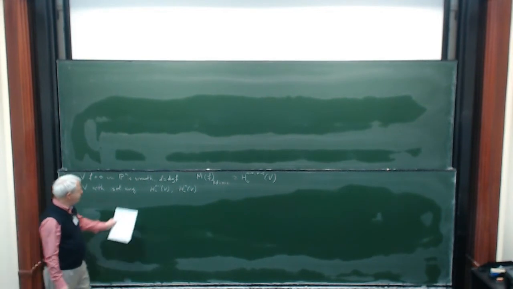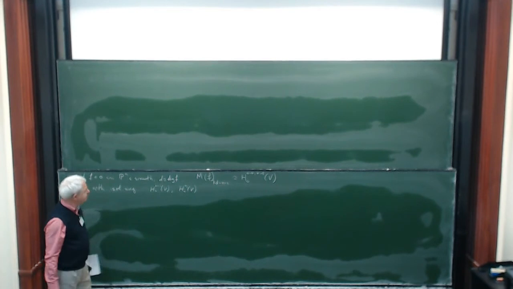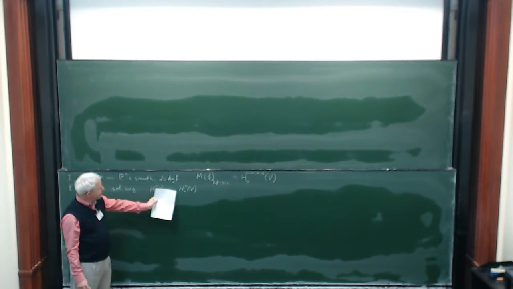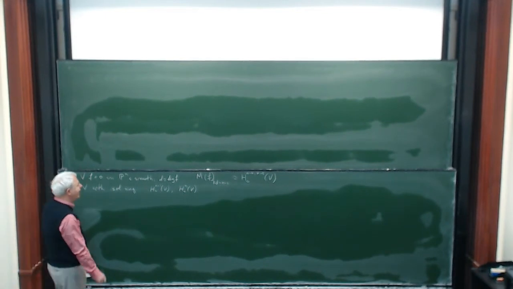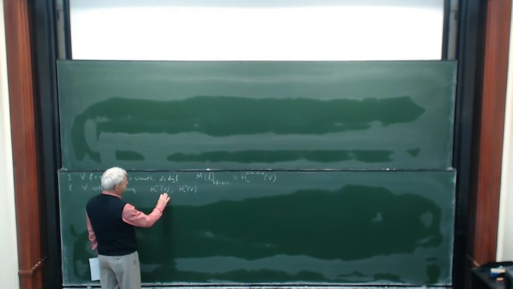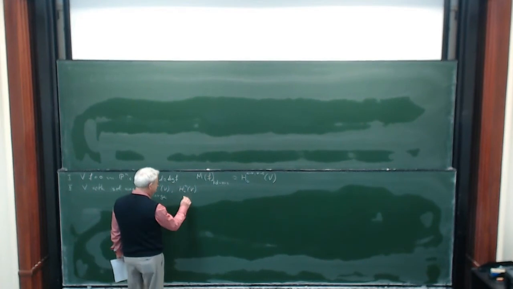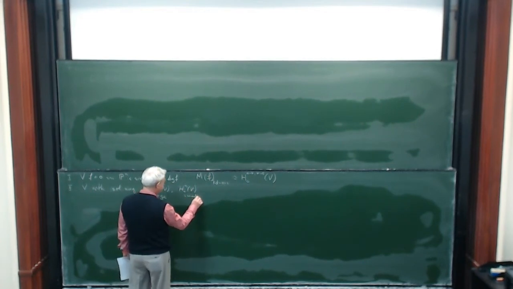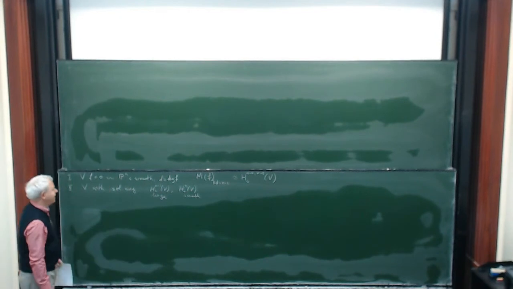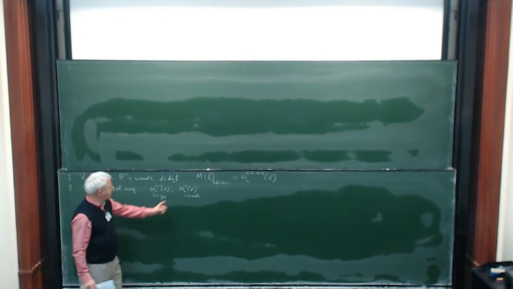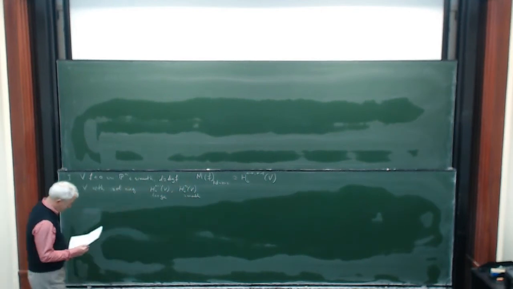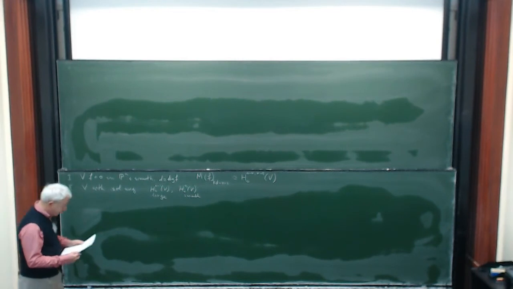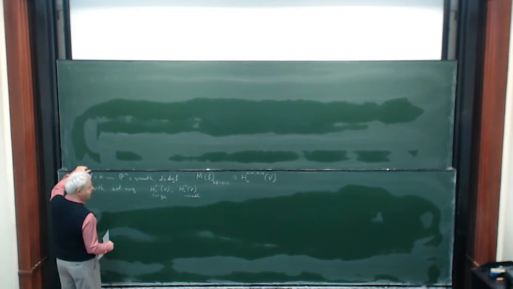And so if you are interested only in Betti numbers, it is enough to compute only one of these two dimensions, right? The dimension of these two vector spaces. And as a general rule, this space here has a tendency to be large, and this space here has a tendency to be small. And so I will explain at some point how we can handle the computation of this space, for instance, for nodal hypersurfaces. Okay.